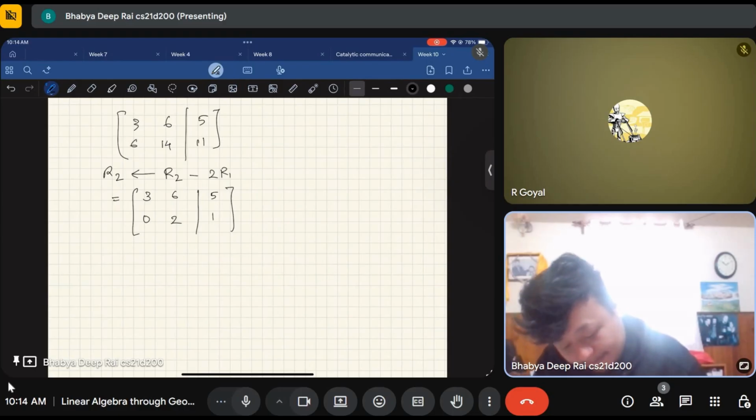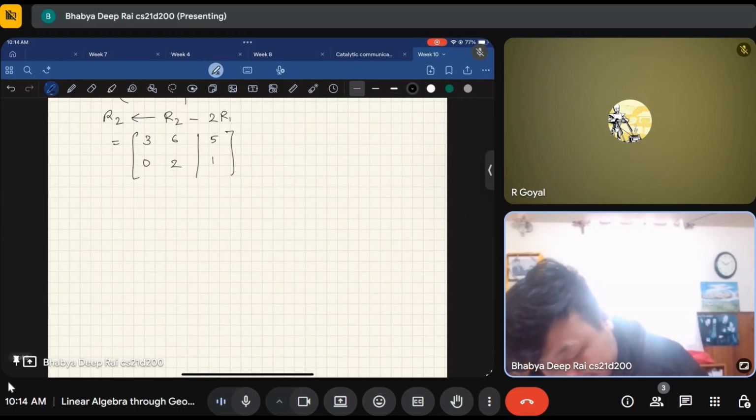Now all you do is divide the second row by 2, though that'll be overkill. It just means that, given x star is equal to x1 star, x2 star, x2 star is equal to 1 by 2.